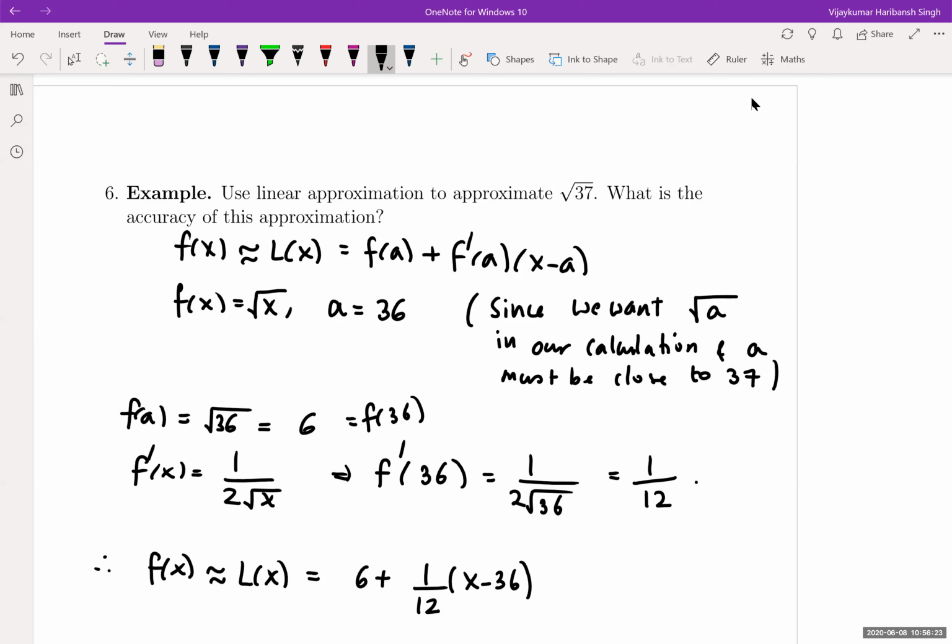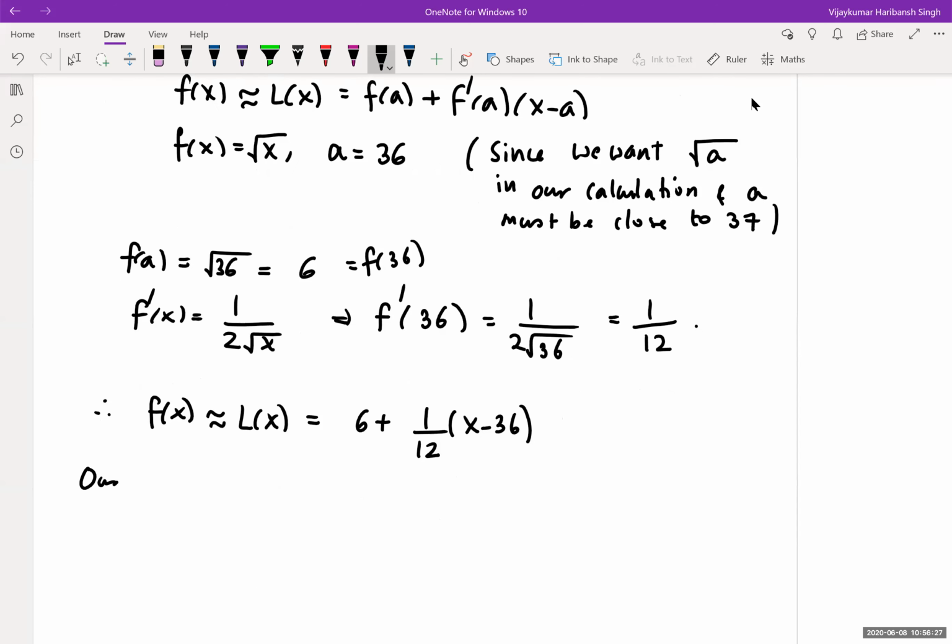Now this is a good enough approximation for any x near 36. Our x is equal to 37.